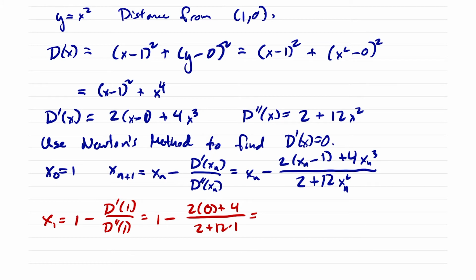Right, and so that gives us 1 minus 4 divided by 14, and so that is 1 minus 2 over 7. Well, we can just write a fraction at least. So it's going to be 5/7.